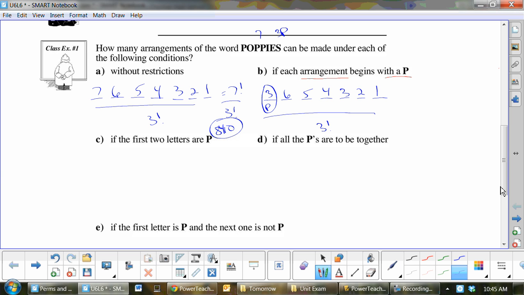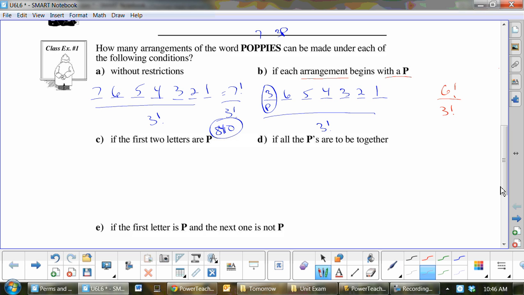Now, this is all the book has, 6 factorial over 3 factorial. So what did they do? Well, they basically took P out of the pool. You should always take the P out of the pool.